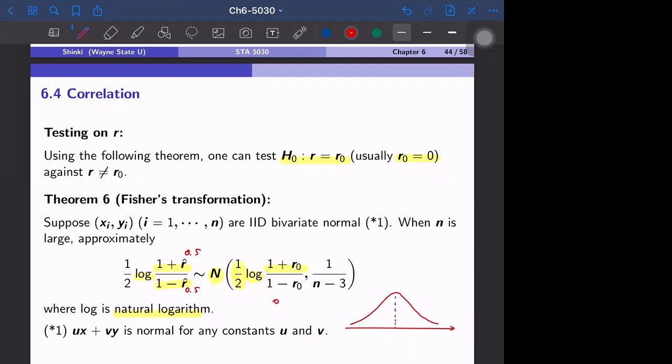This is the normal distribution with some center, and we can test whether r is equal to r naught or not. Think about the rejection region: if the significance level is alpha, then the rejection region, each tail with the area alpha over 2, is here and here. In this way, we can test the correlation coefficient.